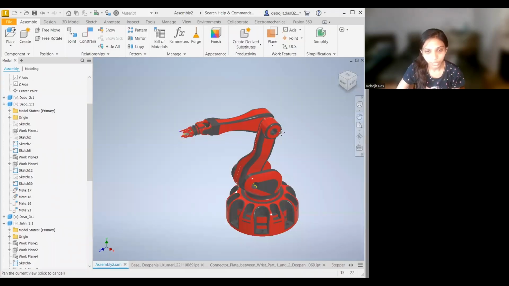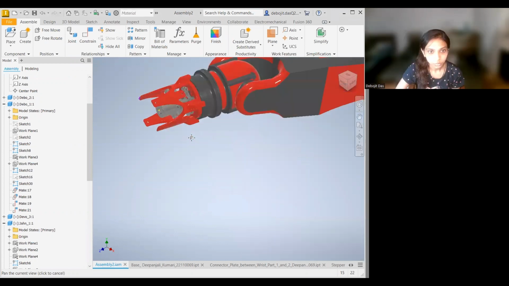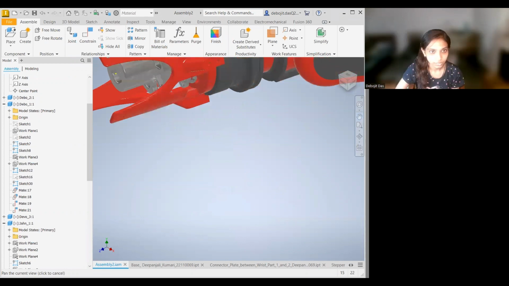I'm Dipanjali Kumari, and I have been provided with the three major parts of this robotic arm: the base, the connector plate between wrist 1 and 2, and a stepper motor arm coupler, which has been fitted inside this part.